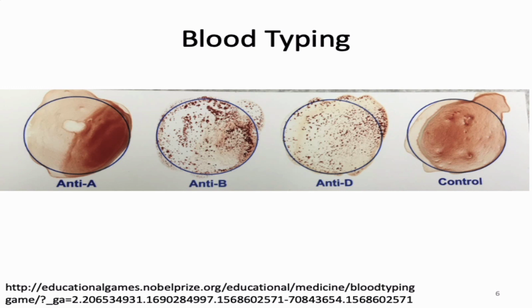The blood either spreads out across the whole circle or it clumps. If it spreads out, it's basically not binding to any antibodies. If it binds to the antibodies, it makes clumps, which look like little dots. Actually, sorry, this is not a positive control.